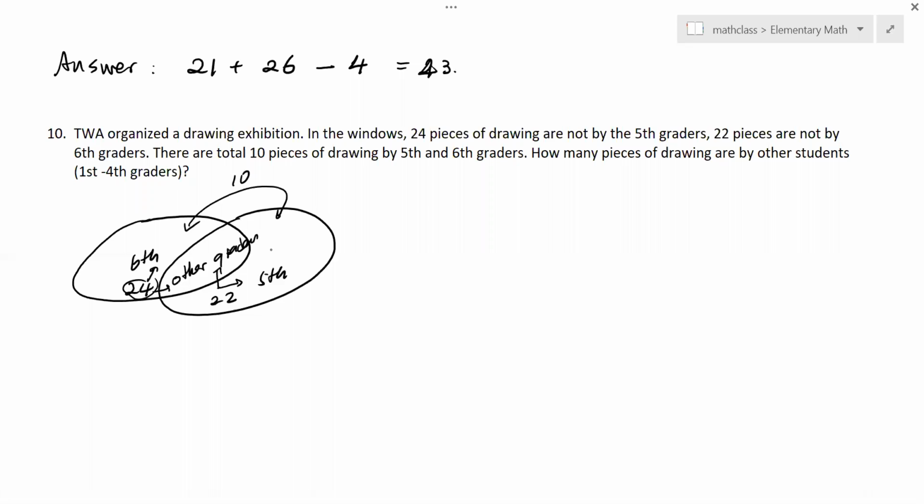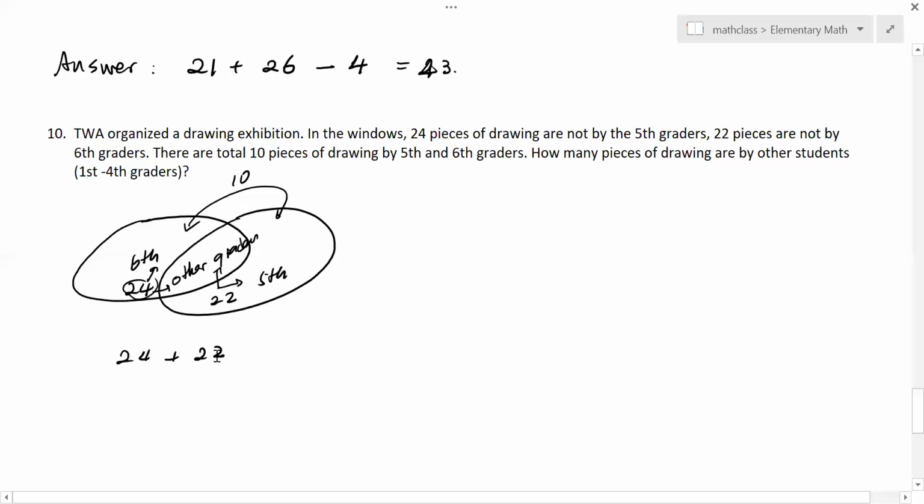So how do we do the calculation? 24 plus 22 is more than the union of these two, right?